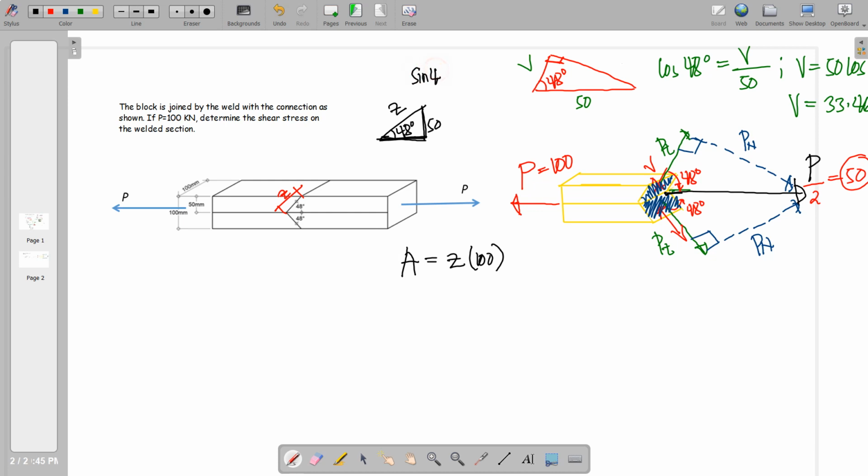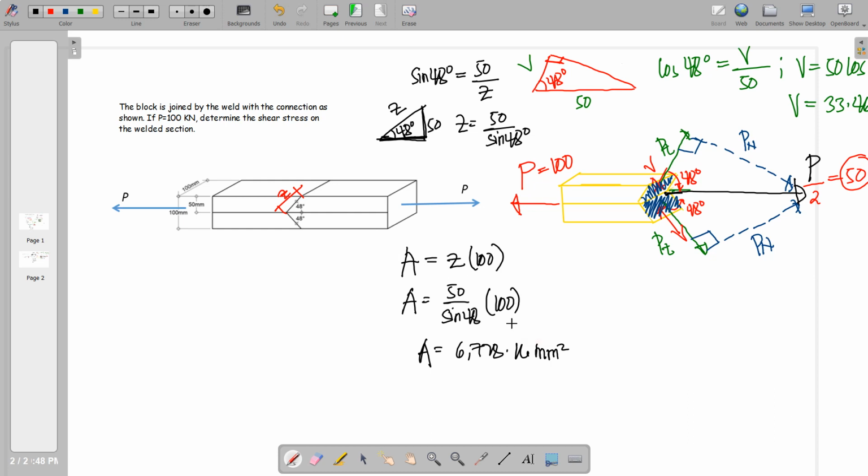Sine 48 degrees is equal to the opposite to your 48, which is 50, divided by hypotenuse Z. Thus Z is equal to 50 all over sine 48 degrees. So this will now be substituted here. 50 all over sine 48 times 100, and the shear area will be equal to 6,728.16 square millimeters.